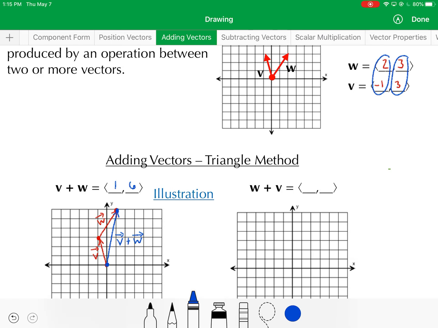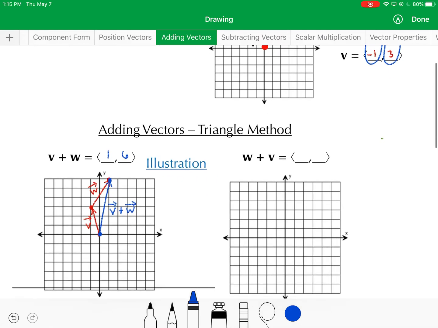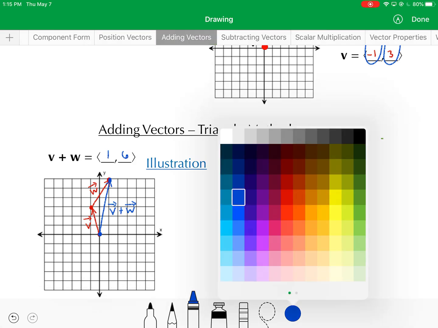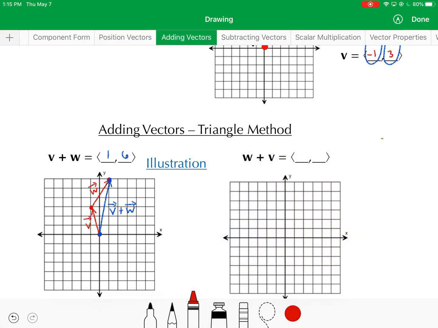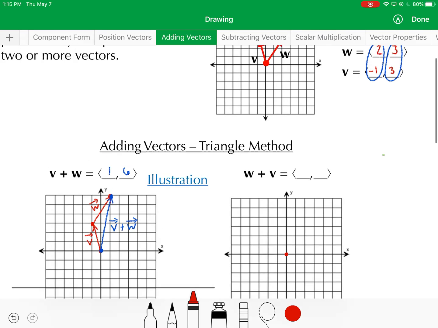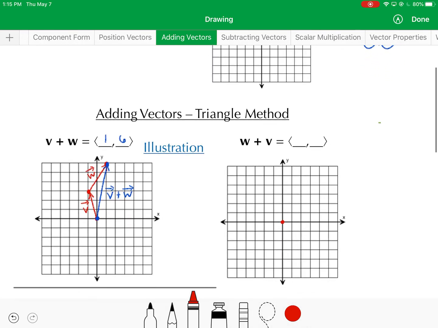Okay. Now, let's go in the other direction. Let's say I want to find W plus V. So this time I'll start at the origin, and I'll draw out vector W first. Now, vector W's components were 2, 3. So move 2 to the right and 3 up.